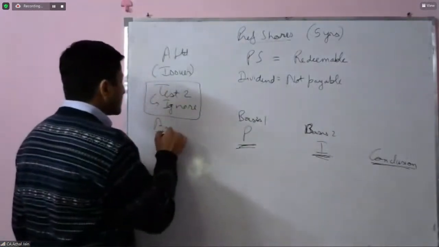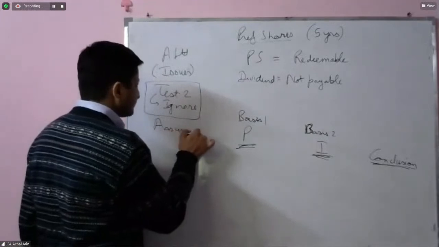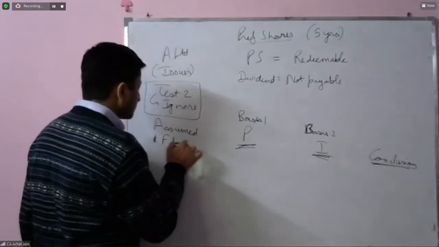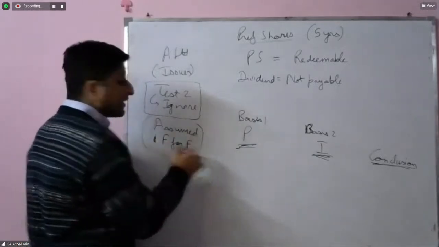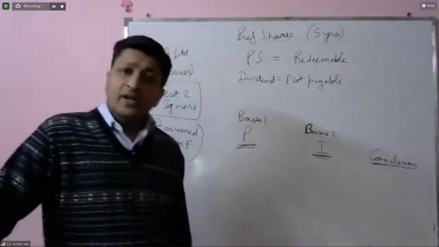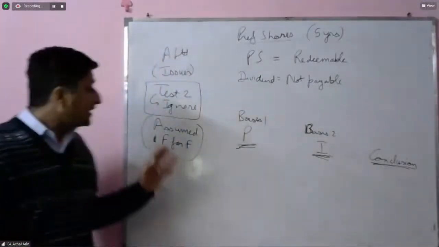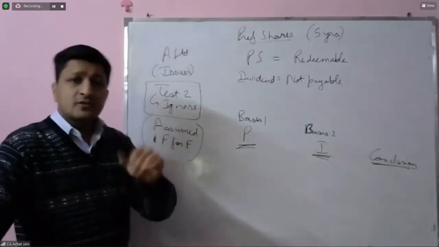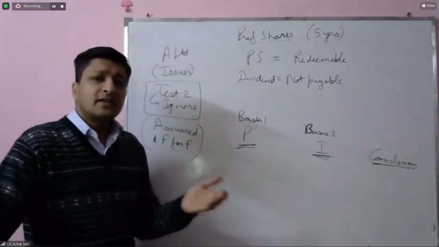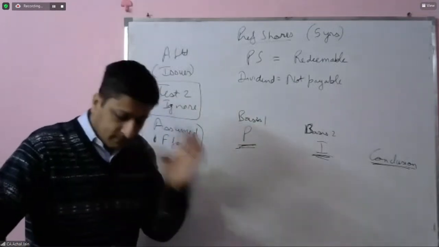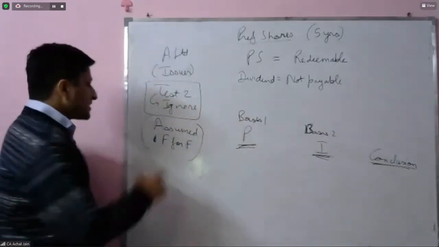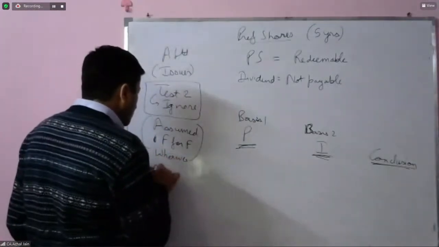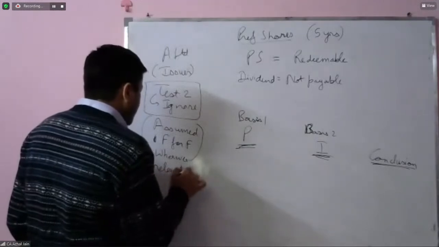So I am assuming fixed for fixed wherever it will be relevant. In the case of financial liability, it will not be relevant, so please don't assume that there. This is assumed wherever relevant.